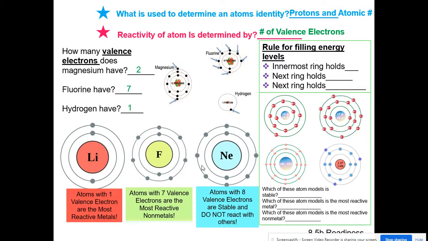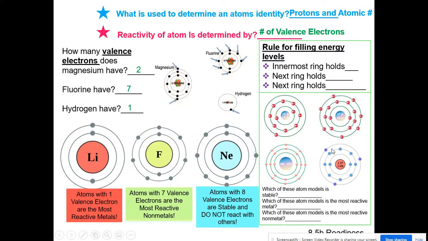Atoms with 8 valence electrons are stable and do not react with others. 1, 2, 3, 4, 5, 6, 7, 8. Neon has 8 valence electrons. Therefore, it's stable and doesn't react with other elements. There's a rule for filling out energy levels.